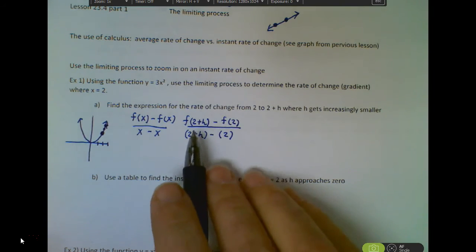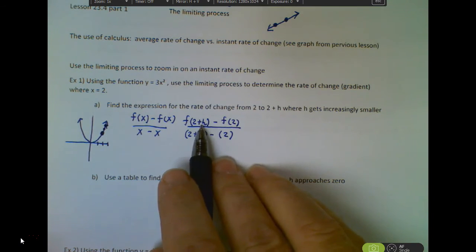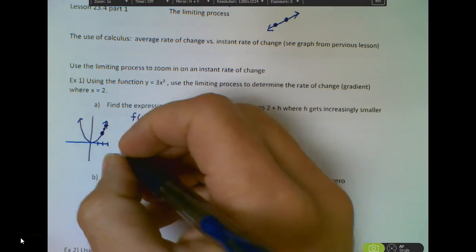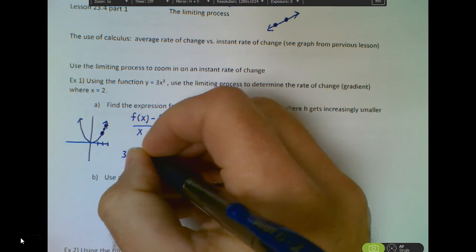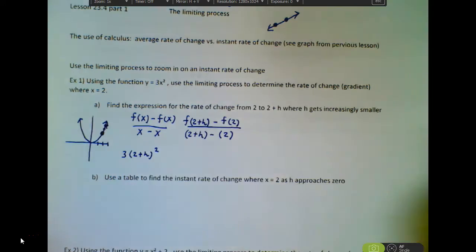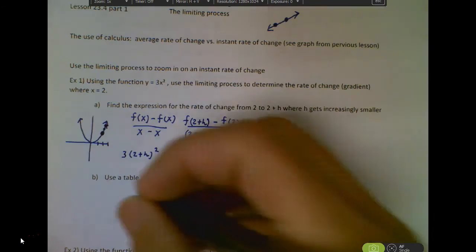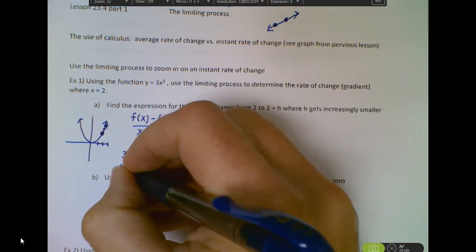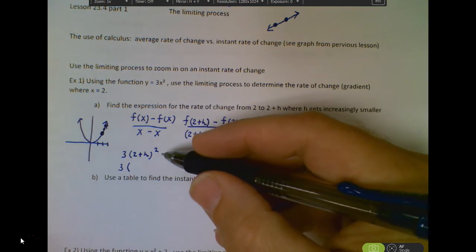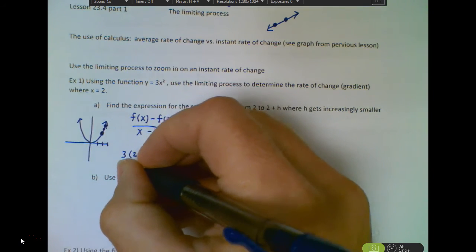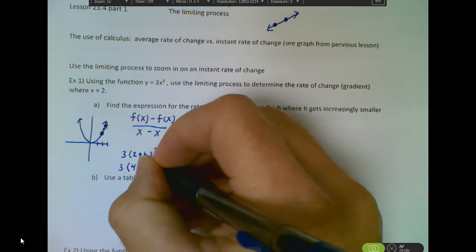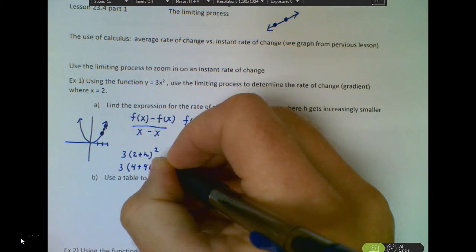So I'm going to do a little side work here, and I'm going to start by plugging in 2 plus h in there for x. So we have 3 times (2 plus h) squared. And if I simplify all that, so if I did 2 plus h times 2 plus h, and I FOILed that, I'm going to get 4 plus 4h plus h squared.